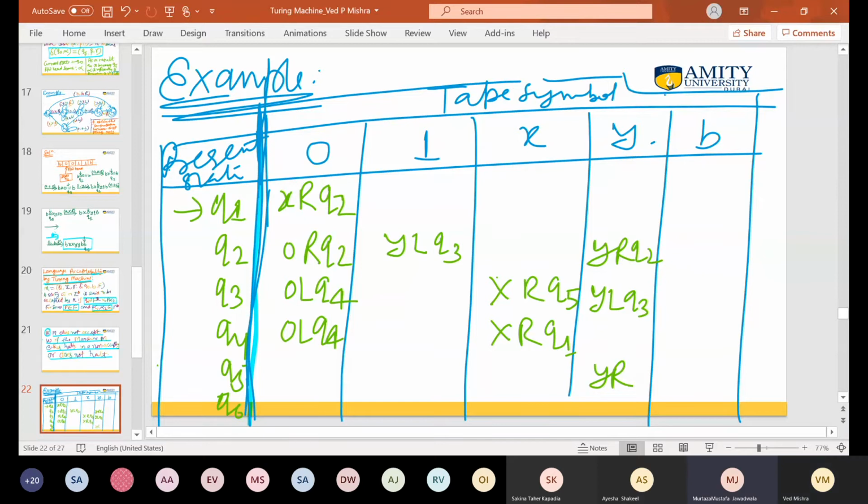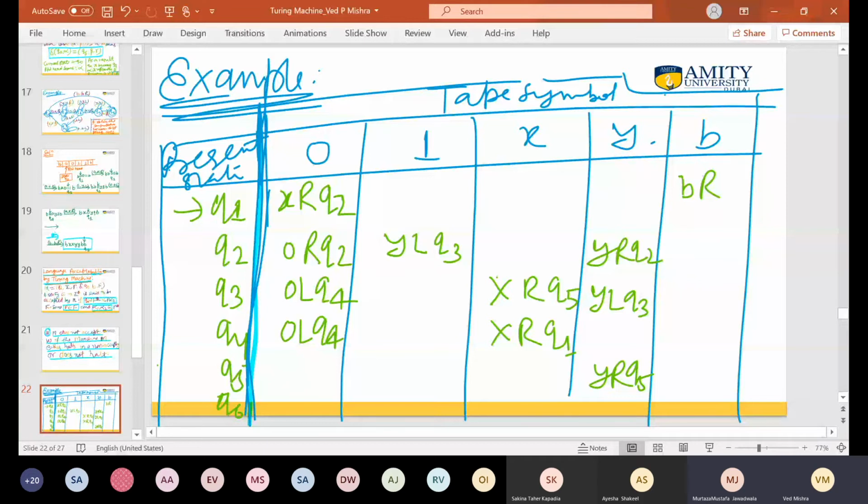Now come to B input. How many are having B input? Q1 and Q5. What is Q1? B R Q6.